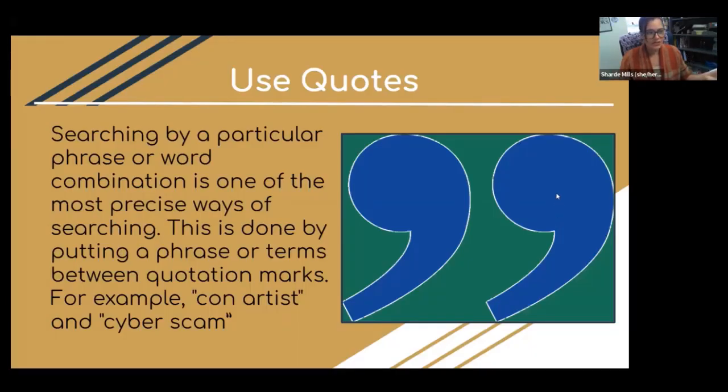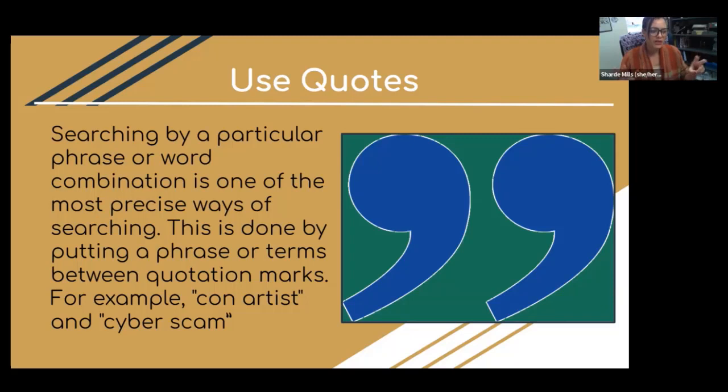One of these strategies is using quotations. We talk about this a lot if ever you've had a librarian come to your class to assist you with research. It's also called phrase searching. If I search for a term like con artist, I certainly am going to get good results back.